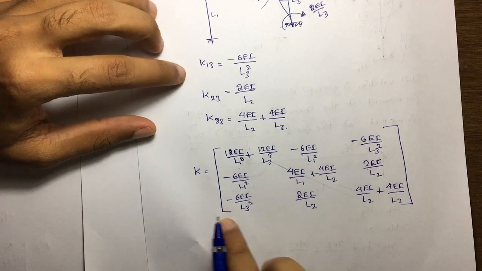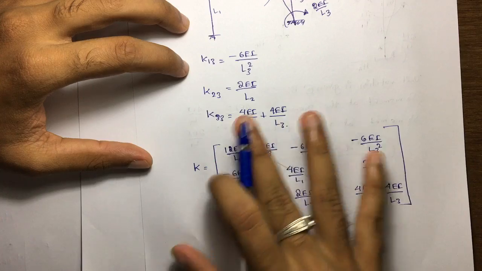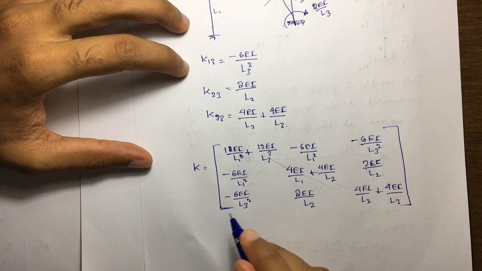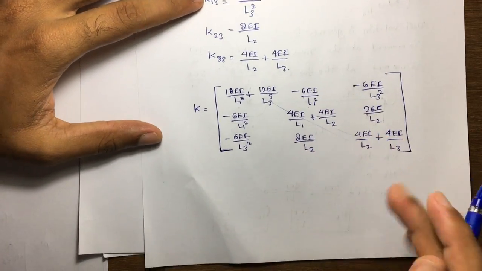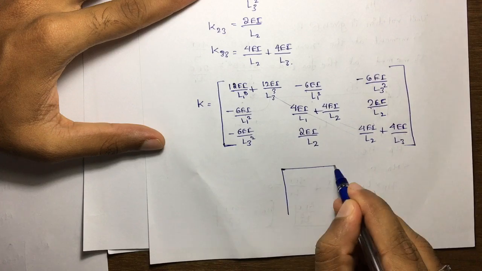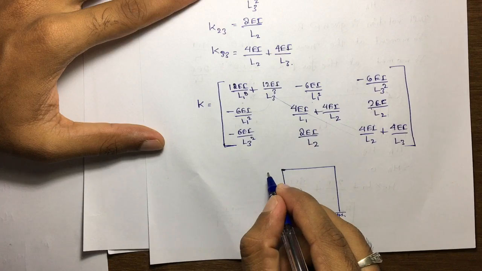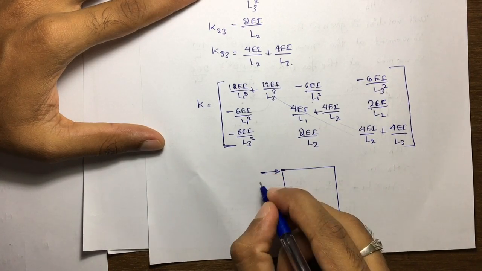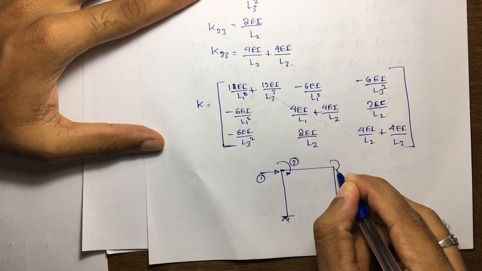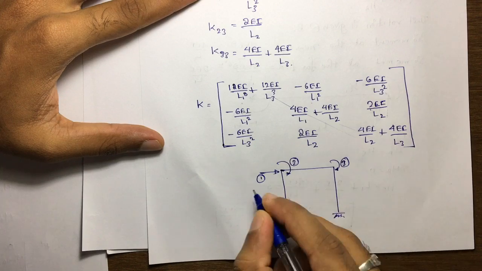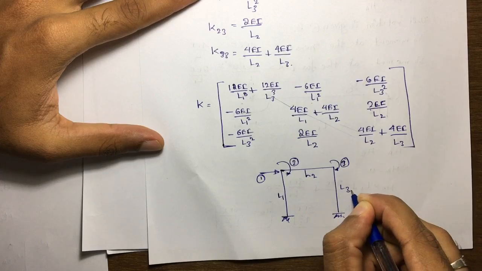Each time no need to derive the formula, so we just have to remember this stiffness matrix, so easily we can solve any problem. That is, if they give this type of problem with a horizontal load, with these supports, we have to take this as coordinate 1, coordinate 2, coordinate 3, with lengths L1, L2, L3.